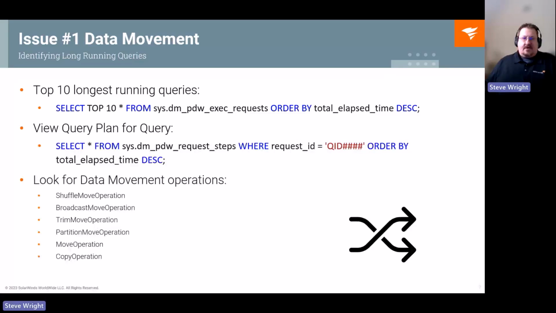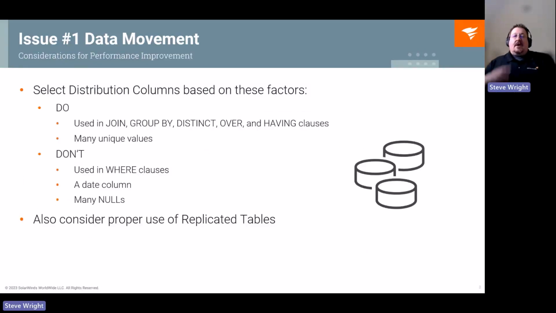Like I said, I've identified that data movement is clearly the overriding issue why this query is taking so long. Take a look at how they're grouped by, aggregated, and how I am distributing that data. And there are some do's and don'ts out there. So again, you can see, to select your distribution columns, if you are looking at how to hash distribute your table, are they columns that are typically used in those clauses you see listed there, from the workload that I've so far seen come into the distributed pool?